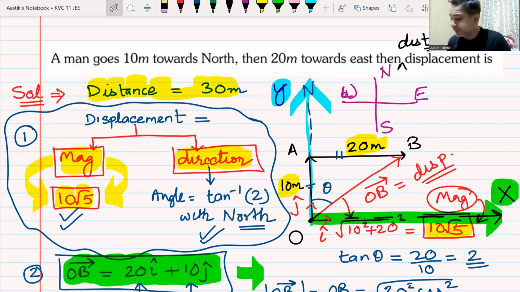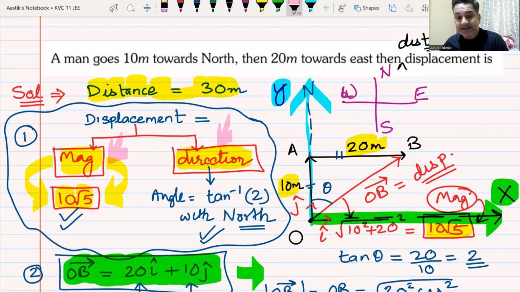Do we remember this? We had done a question where a particle moves north, then it moves east. Then we found the magnitude of displacement, and then we wrote the direction of displacement, and that is how we solved that question. That is one way of doing it.